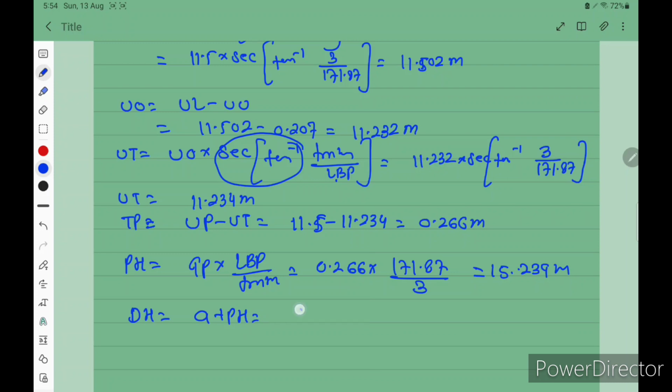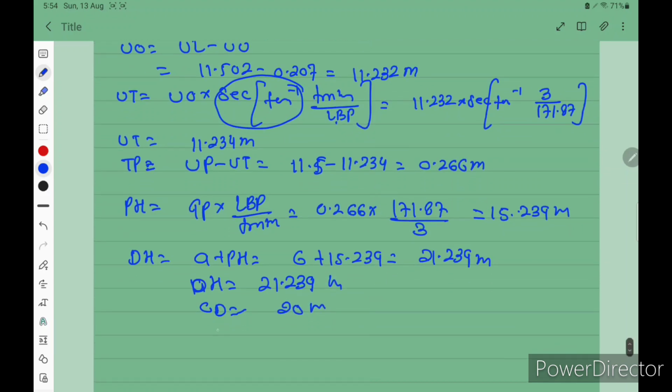A is given in the question, 6 plus 15.239. So that is 21.239 meters. So DH is equal to 21.239 and CD is equal to 20 meters. So DH is greater than CD. So wedge is not formed.